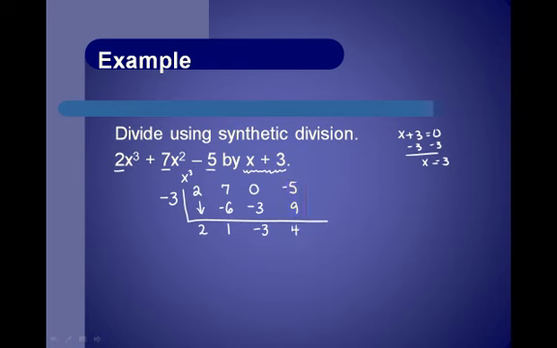Now notice our quotient is always going to be 1 power less than what we started with. So that first term becomes 2x to the second plus 1x minus 3 plus, then the remainder is 4 over the divisor. Now notice this is exactly the answer we got doing long division, but it's a lot shorter.